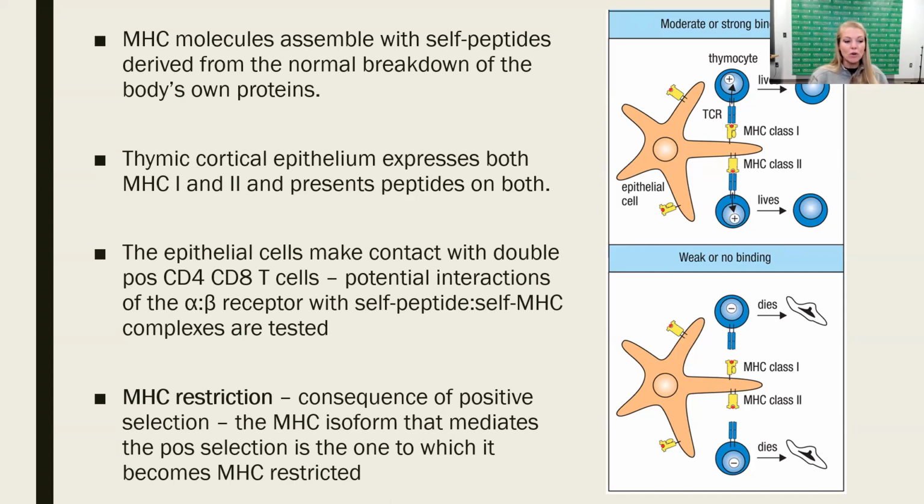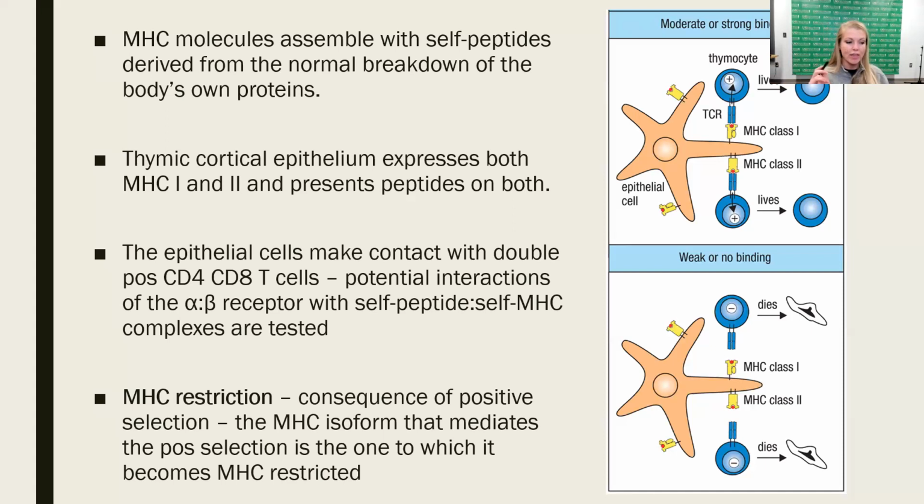Those thymic cortical epithelial cells are going to be responsible for interacting during positive selection with the developing T cells. At this point, recall that the T cells have both CD4 and CD8 on their surface. And remember that CD4 recognizes MHC class 2 and CD8 recognizes MHC class 1.